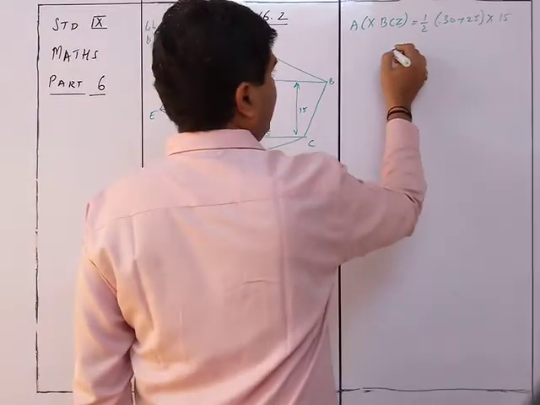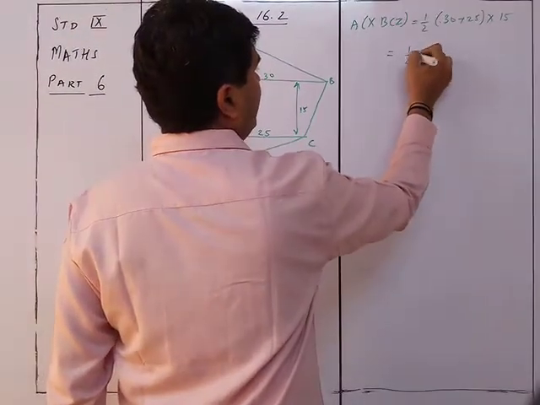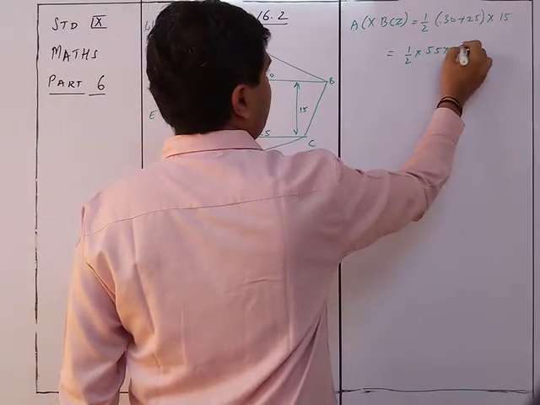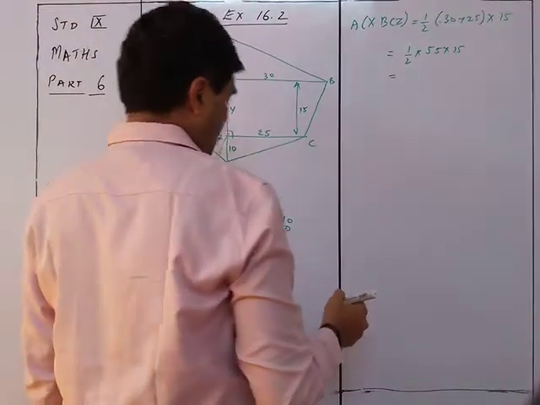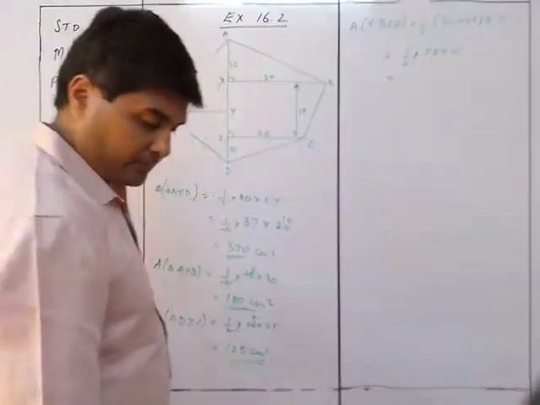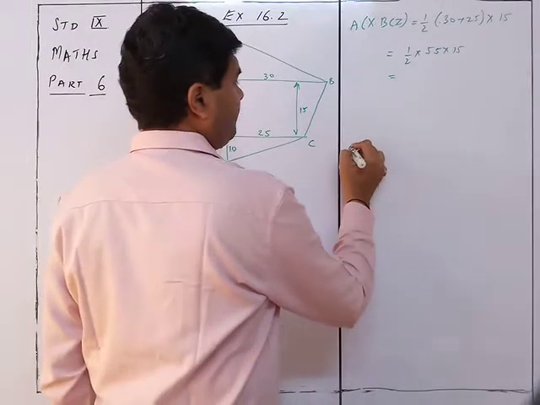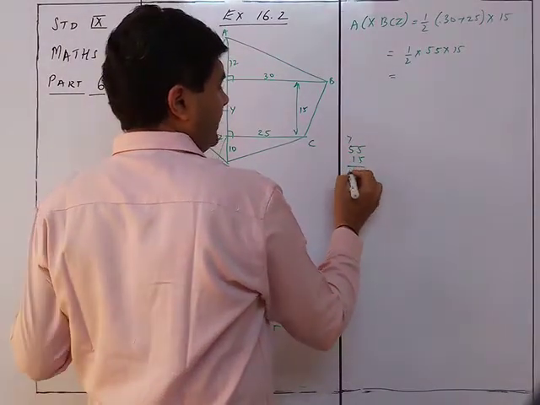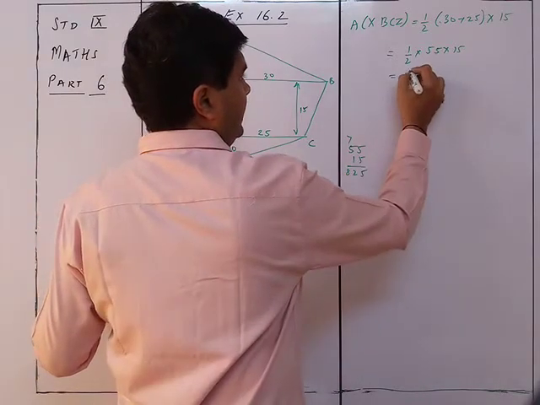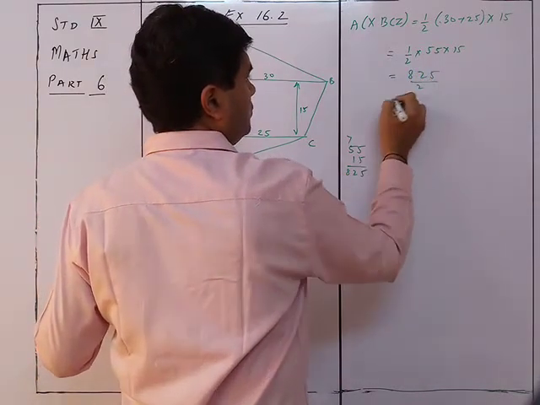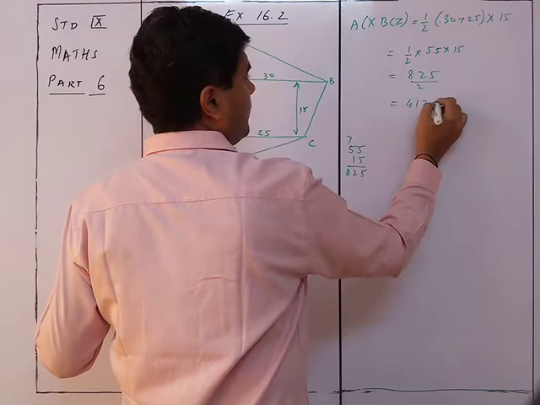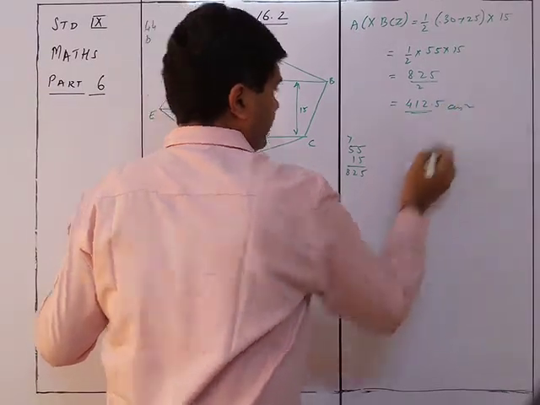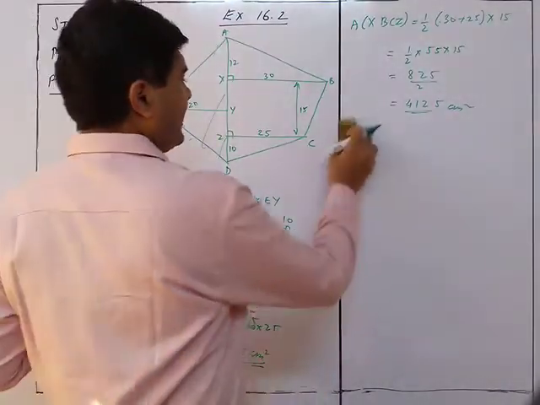So that will give me half into 55 into 15. So that will be 55 into 15, 15 5 is 75, so 825 upon 2, that is 412.5 centimeter square.